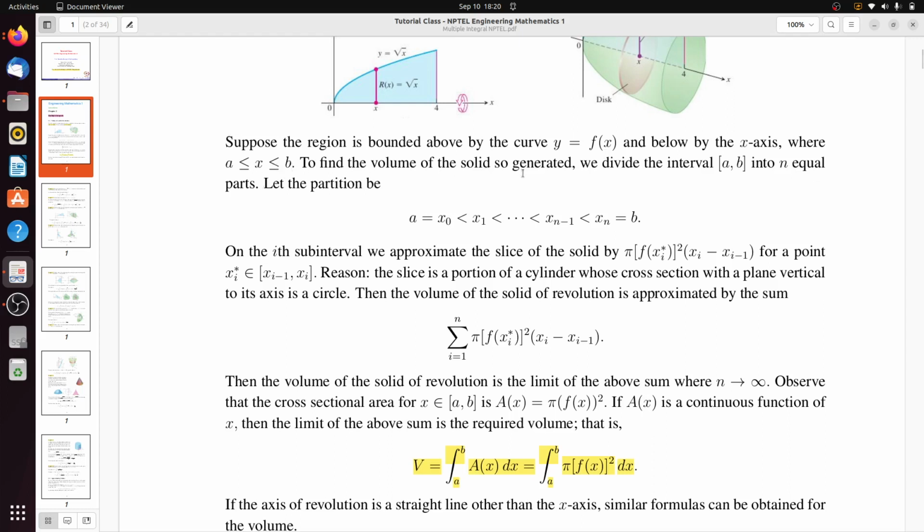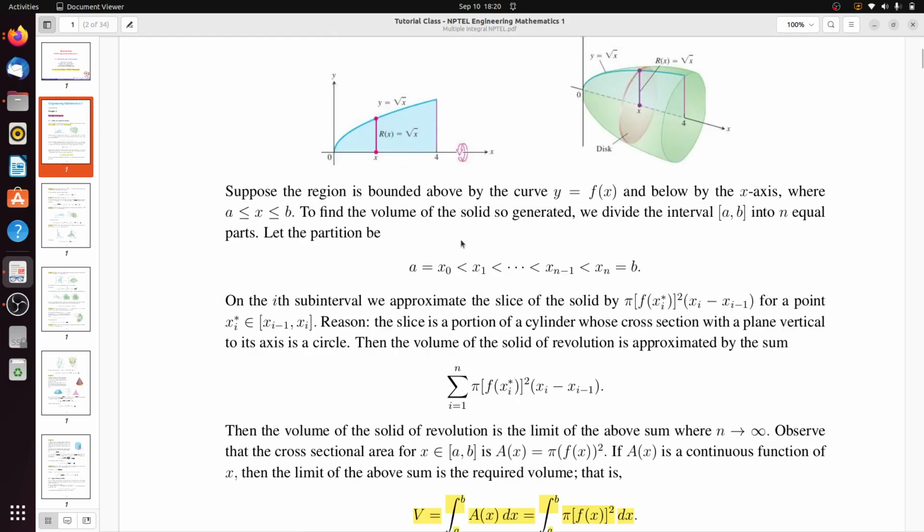To find the volume of the solid so generated, we divide the interval [a, b] into n equal parts. Let the partition be a equal to x0 less than x1, and so on. It is actually a monotone increasing sequence, where the first and last points are the 2 end points.